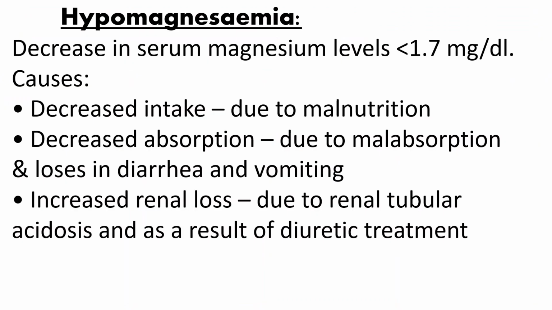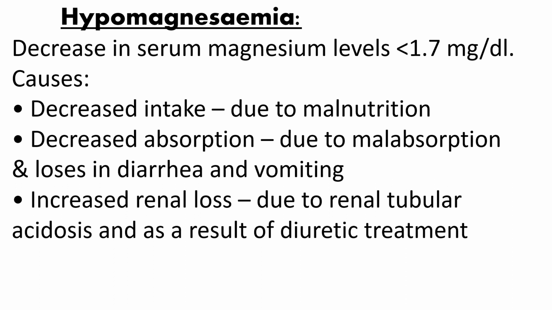Now, as with other minerals, where we discuss the extremes, whether they occur when consumed in excessive amounts or whether there is a deficiency. So hypomagnesemia means, mia means blood, hypo means decrease. So decreased magnesium in the blood.